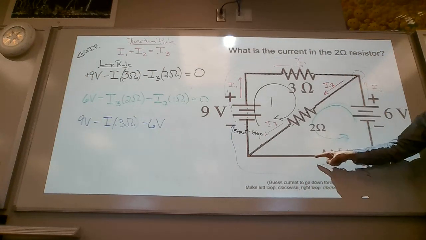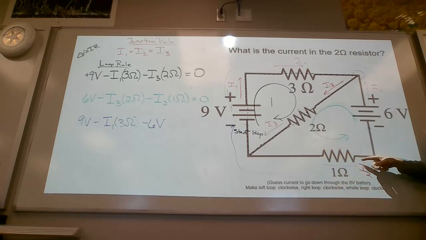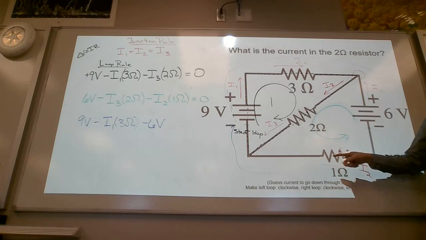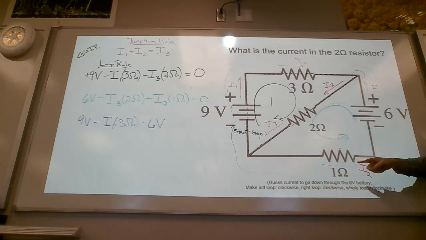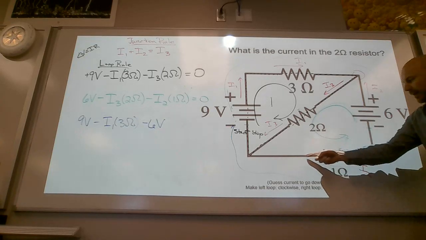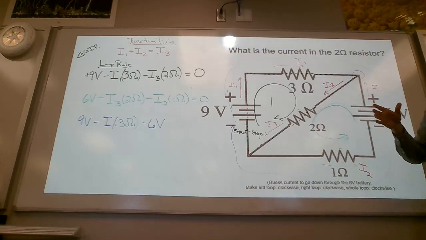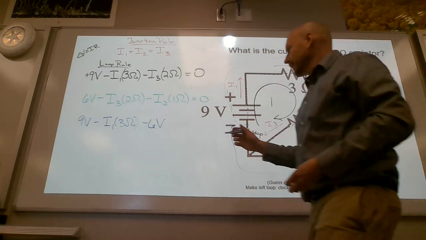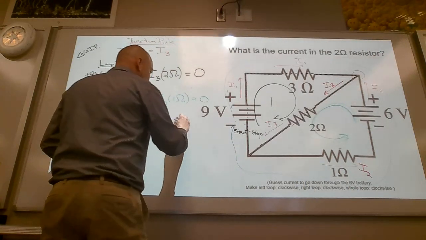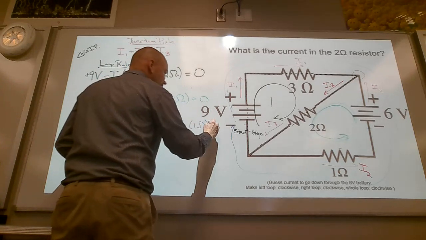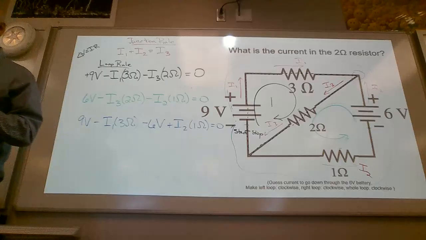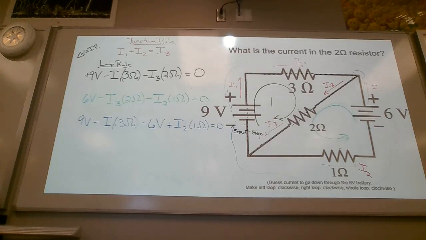I'm going in the opposite direction of current. Does that make sense? This is a voltage gain, because current's going this way, I'm evaluating it this way. I'm going up a slide. So I have plus current 2 times 1 ohm equals 0.